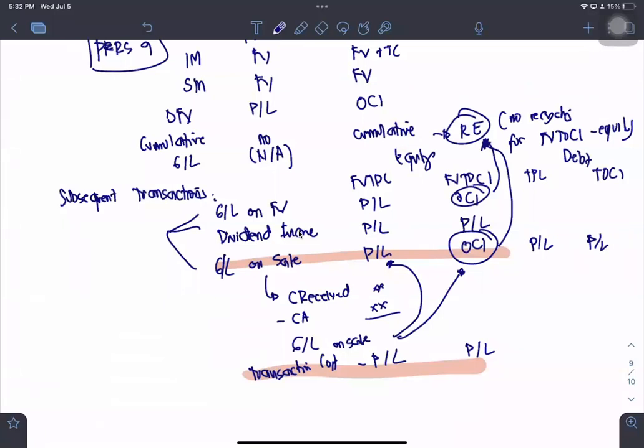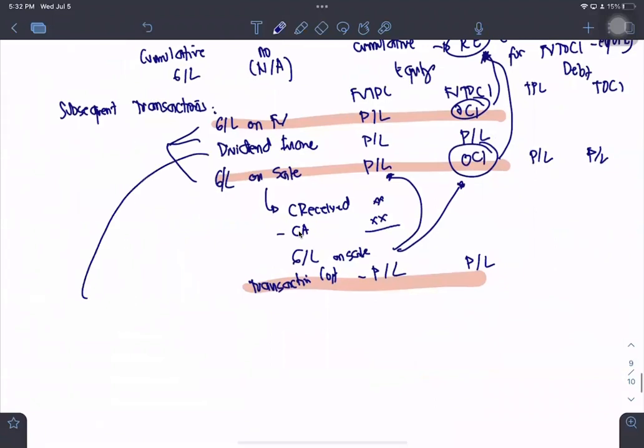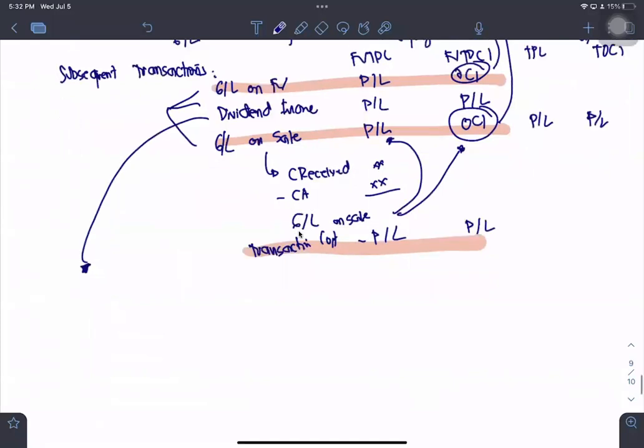Therefore, since we already finished the gain or loss on fair value and the gain or loss on sale, what's left on your accounting for your equity securities is your dividend income. Now, for dividend income, since we're talking about auditing, what are our considerations?